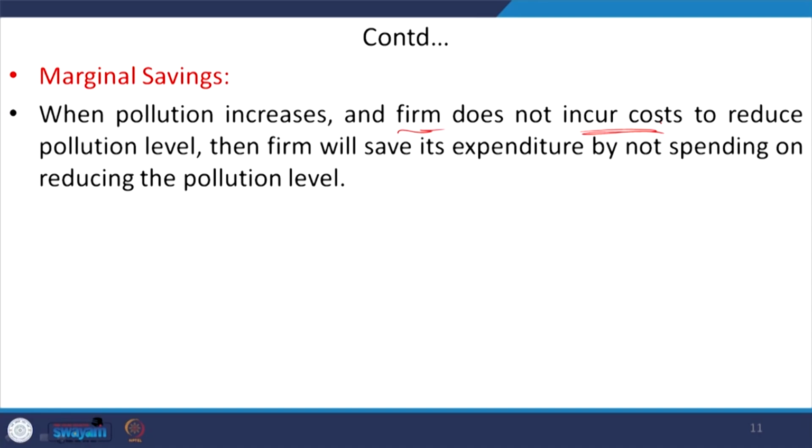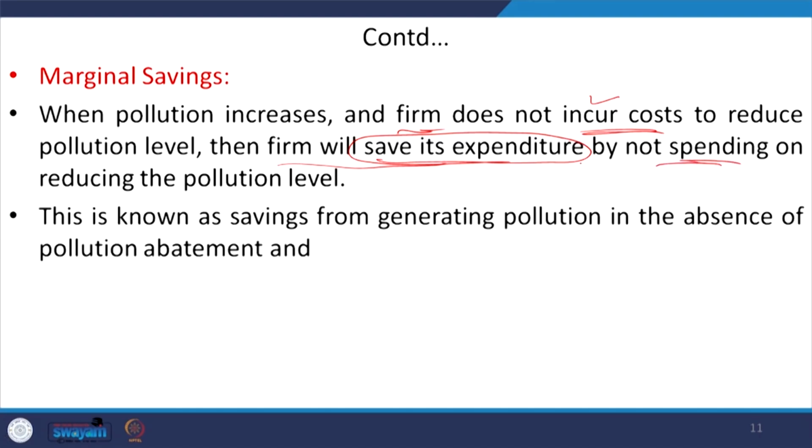When the expenditure is not made, then obviously the firm will be saving this expenditure, right, because there is no regulatory mechanism. So, pollution will be increasing. When pollution is increasing, the firm is not incurring expenditure in order to reduce the pollution. So, that means this level of expenditure is saved, which is not spent for reducing the pollution level.